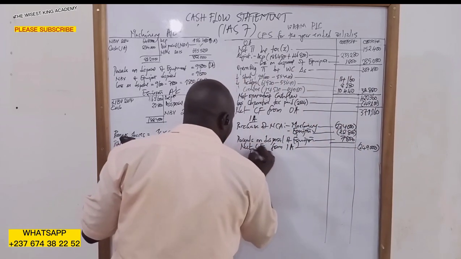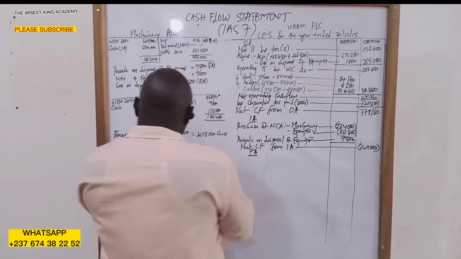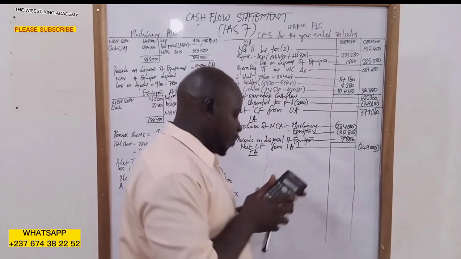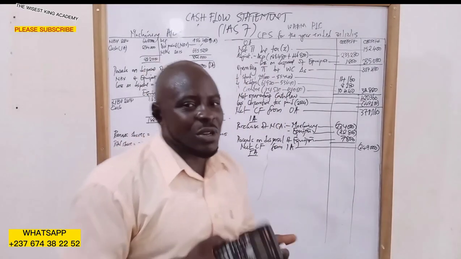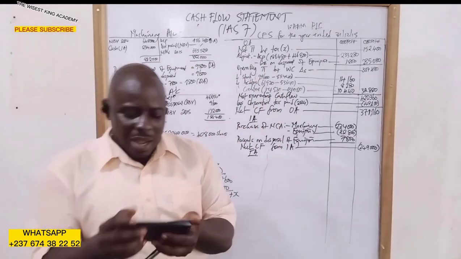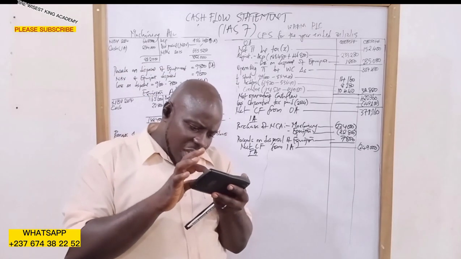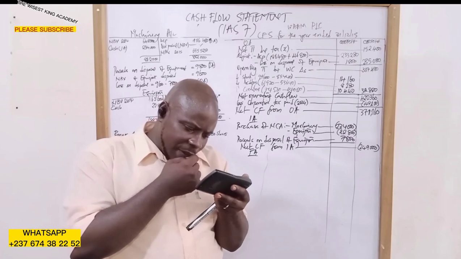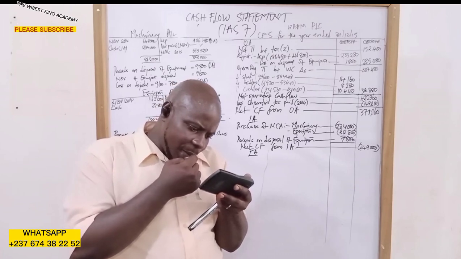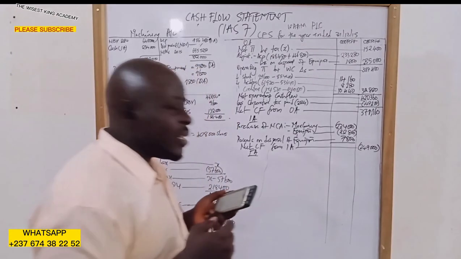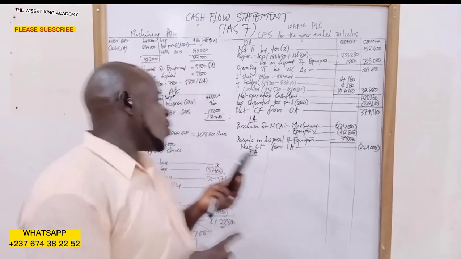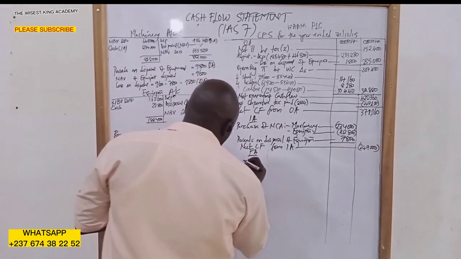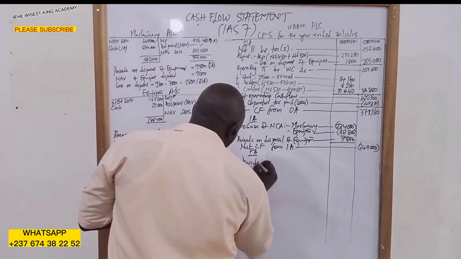Now we go straight to the financing activities. In financing activities, we discover that the increase in capital was not in cash, it was in kind. So we have nothing to do there. Was there non-current liability? There was none. It therefore means that the only thing in financing activities was dividend paid.